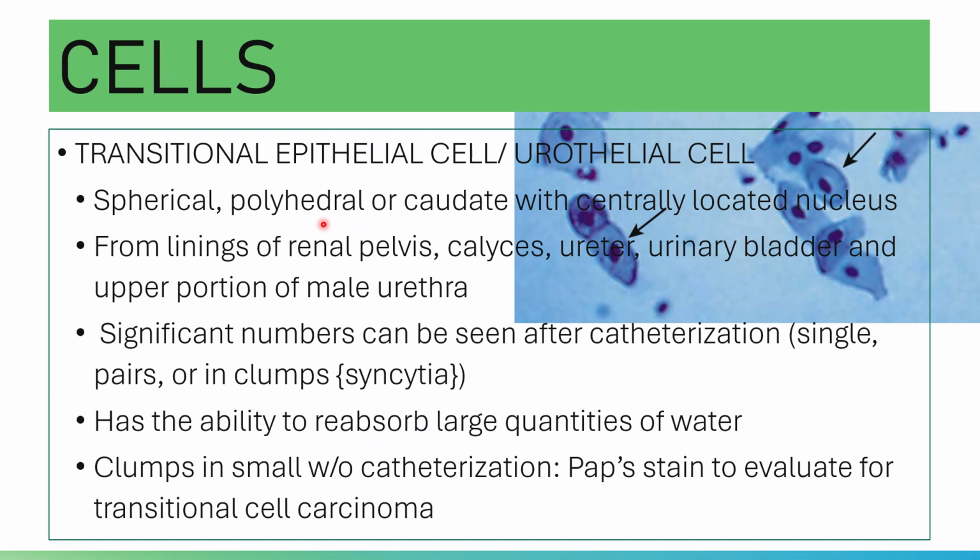Your transitional epithelial cells are spherical, polyhedral, or caudate with a centrally located nucleus. Occasional binucleate forms may also be seen. One distinguishing characteristic is the endoectocytoplasmic rim.